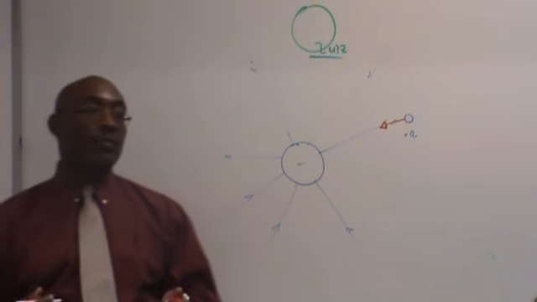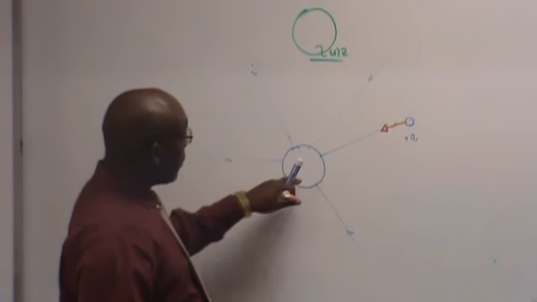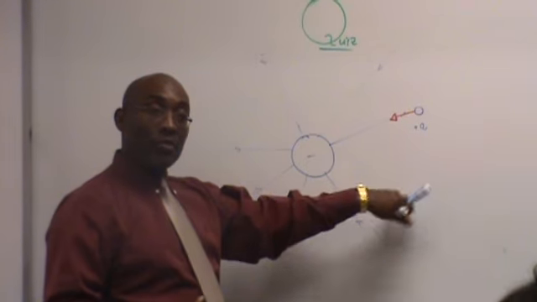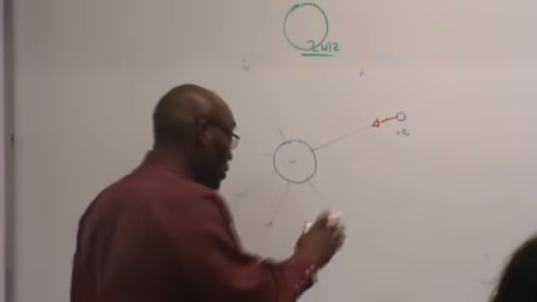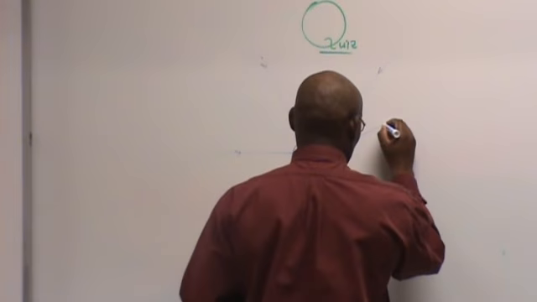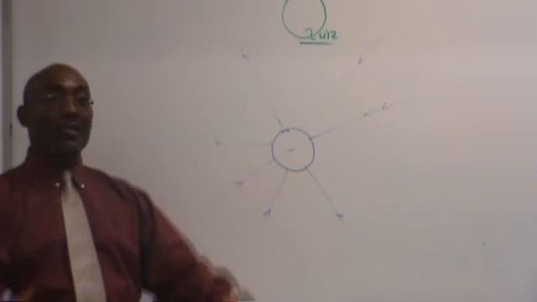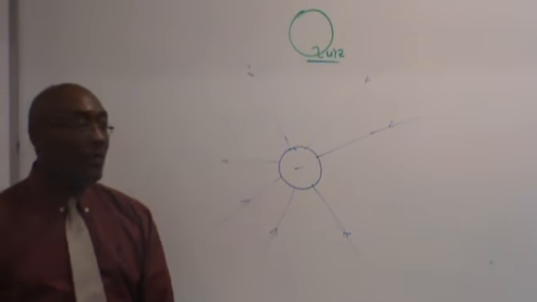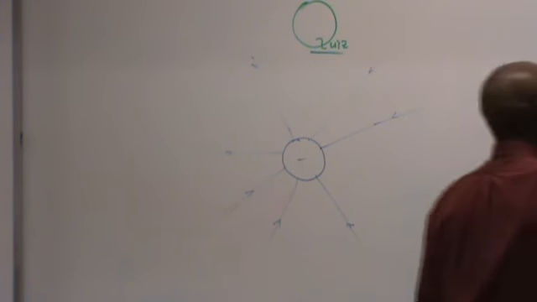Okay? And the way it is defined is the force exerted on a positive test charge that you bring into that area around that charge. You have a charge sitting there. And I bring a positive test charge in the area. A positive test charge was somewhere out there. I brought it in.